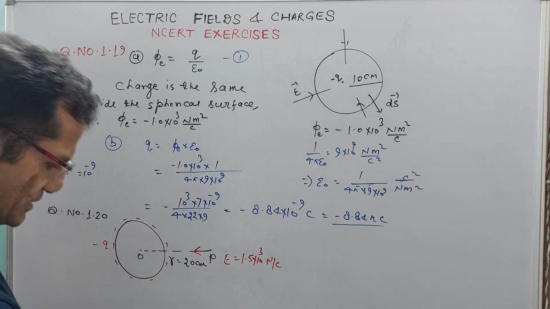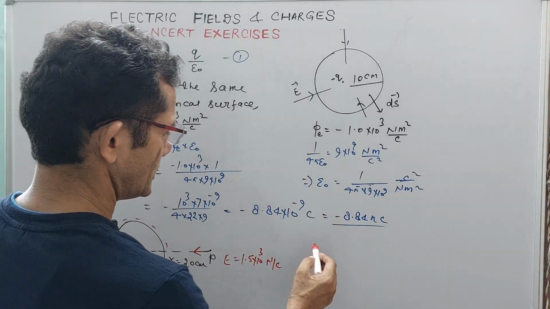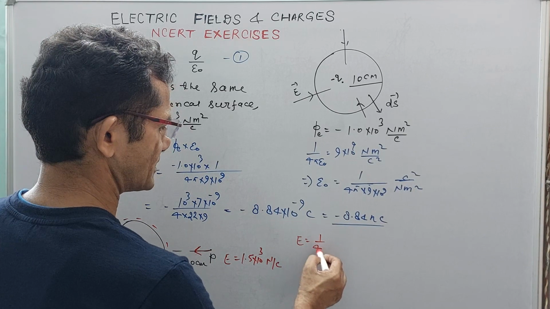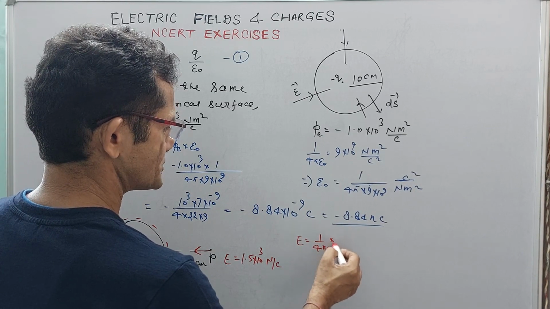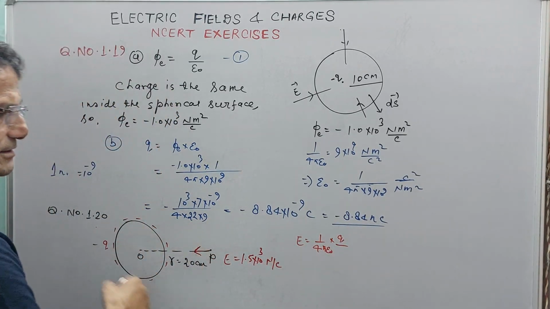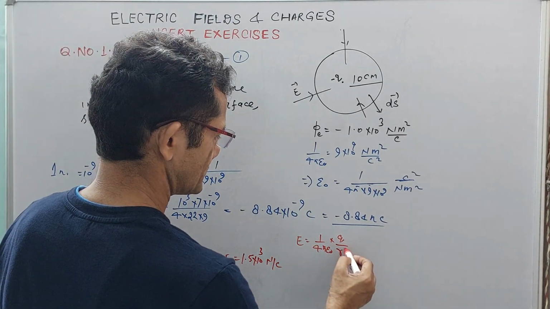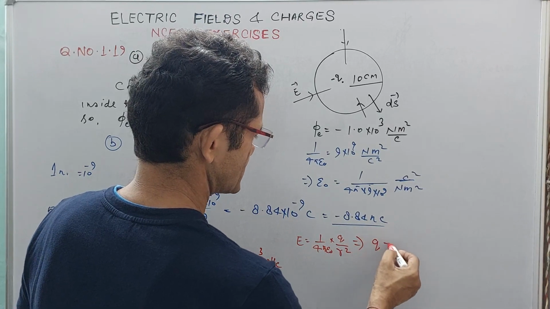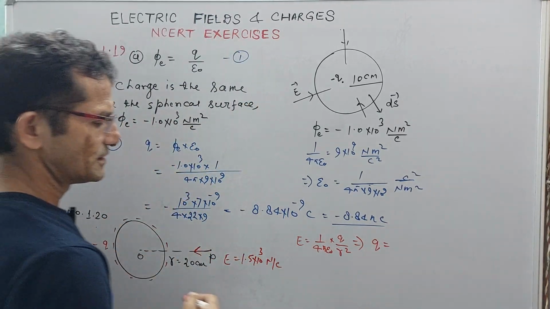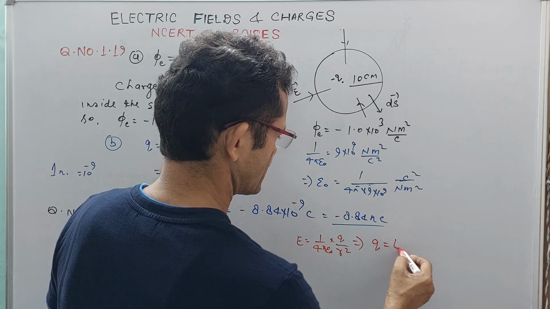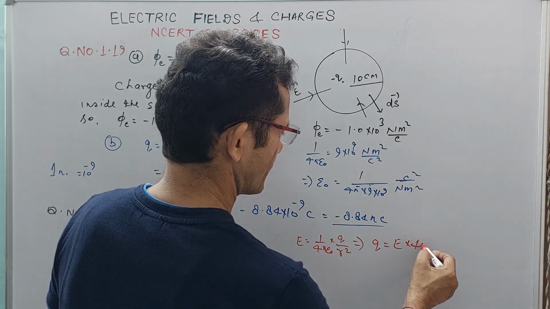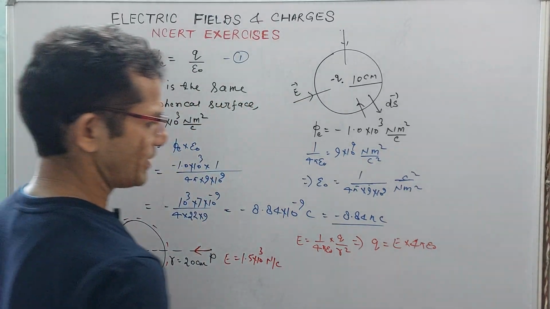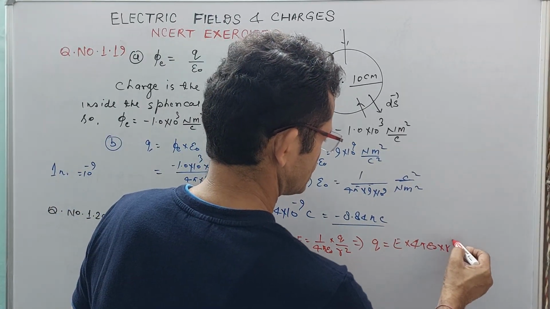Here using Coulomb's law, the electric field is equal to 1 upon 4 pi epsilon naught, charge on the spherical body divided by r square. Everything is given, so from here the electric charge on this conducting sphere is equal to E times 4 pi epsilon naught into r square.